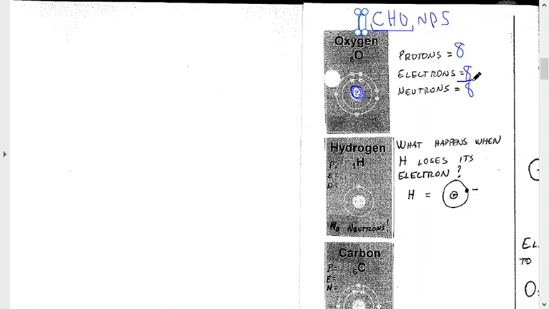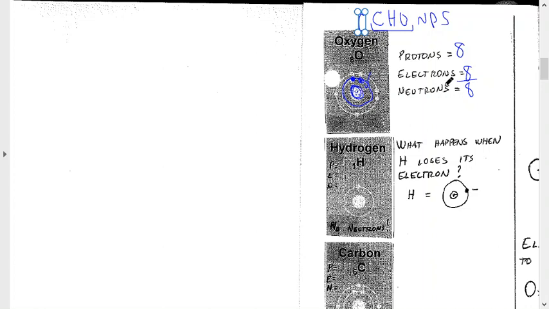So these 8 electrons exist in 2 shells. You might remember these shells from chemistry. This first electron shell, or electron cloud, has 2 electrons in it, and that satisfies that first shell.